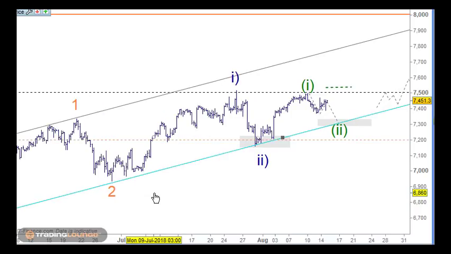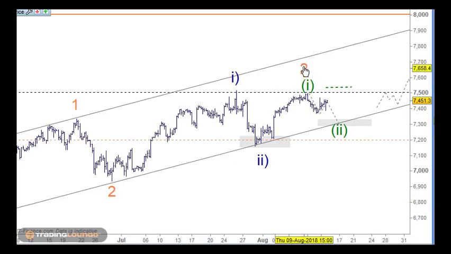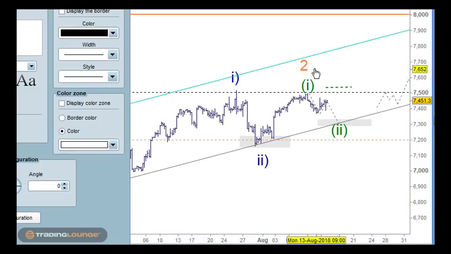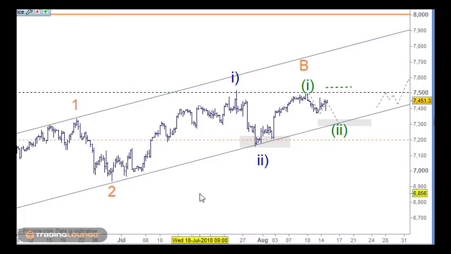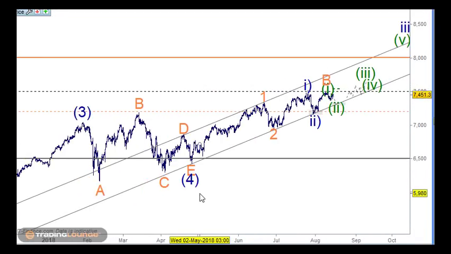Just while we're here, it's possible to have this, if I copy that, the same as the SP 500 bearish count, and have the B wave sitting up there. I don't think it's the case, but I've got to point these things out. This is the top of wave 3 here.